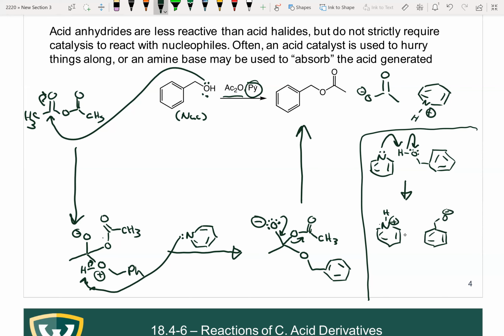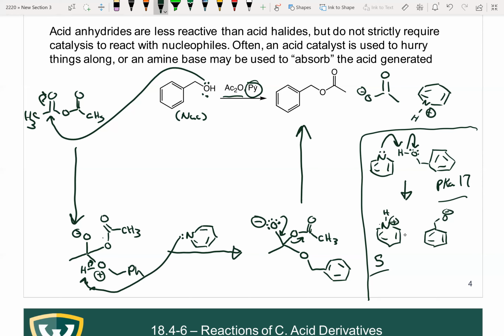Well, the pKa of this molecule up here, the benzyl alcohol, is about 17. And the pKa of our pyridinium is about 5. Now, does that satisfy our pKa gap that we've been using of sometimes 8 or 9 units? No, it doesn't. The pKa's of the two acids that we're comparing, the conjugate acid of our base and the acid of our nucleophile, the benzyl alcohol, are not within the required number of units.